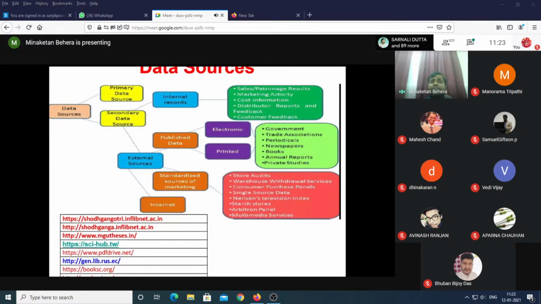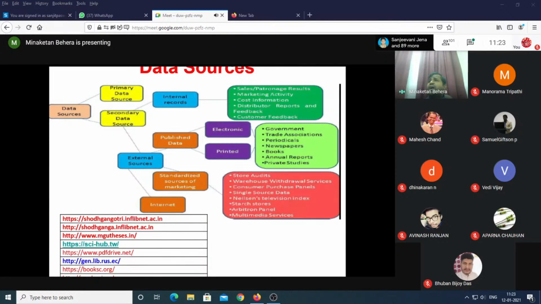Thousands of books are available there too. Similarly, you can go to RBI and the ICCR. Many secondary sources are available through which you can collect data.